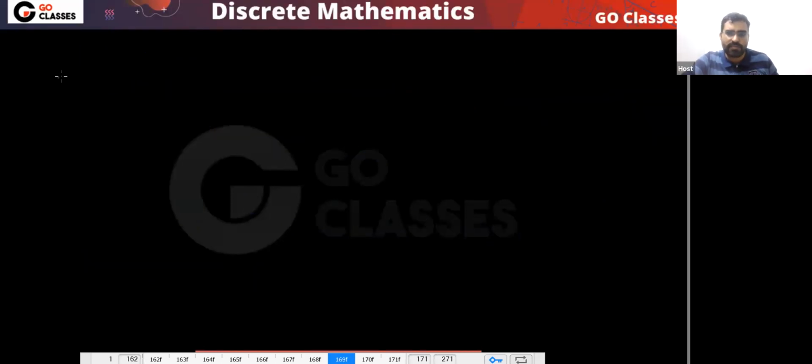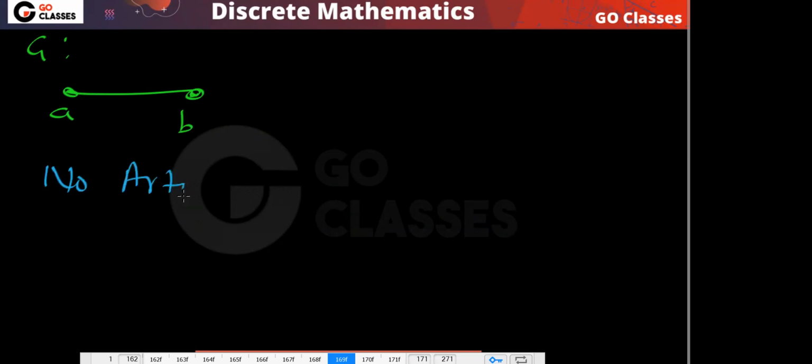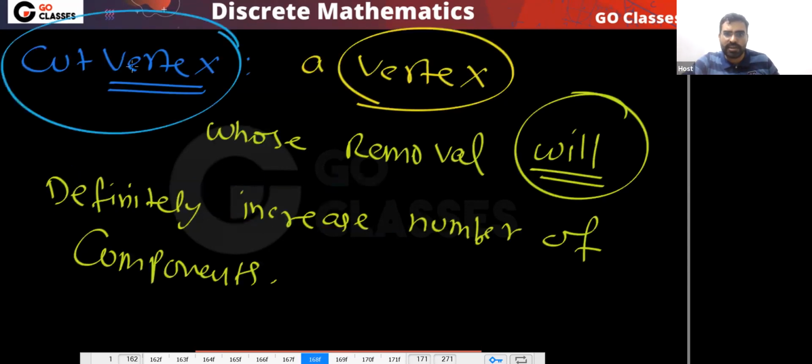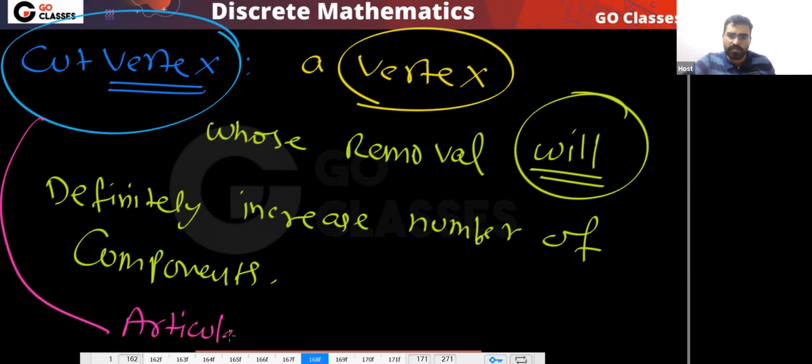If your graph is just A and B, there is no cut vertex here, no articulation point. If this word is confusing, just use the word articulation point.